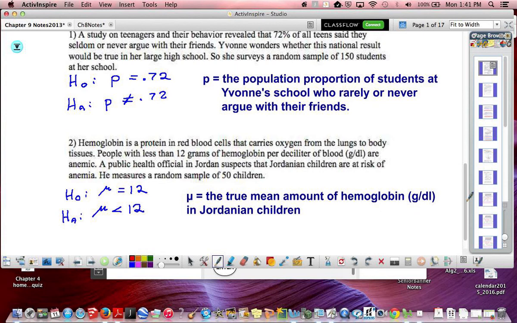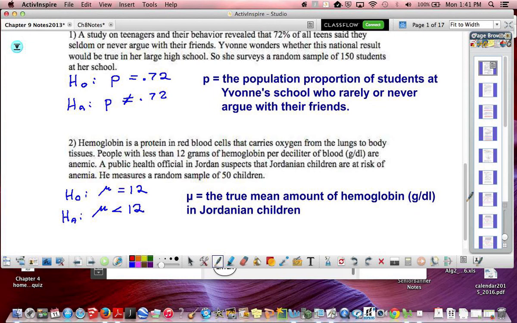Yes, true, but for tests of significance, we always have the null hypothesis be equal to. The alternative will be your less than, greater than, or not equal to. So the mean again is the true mean amount of hemoglobin in Jordanian children.